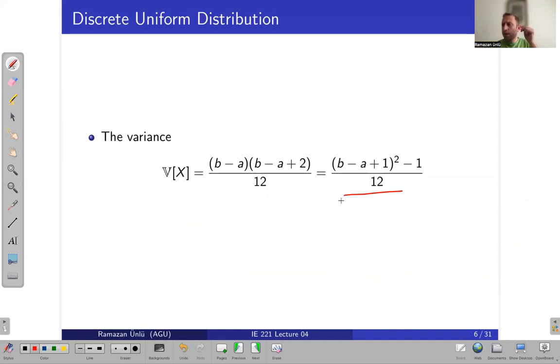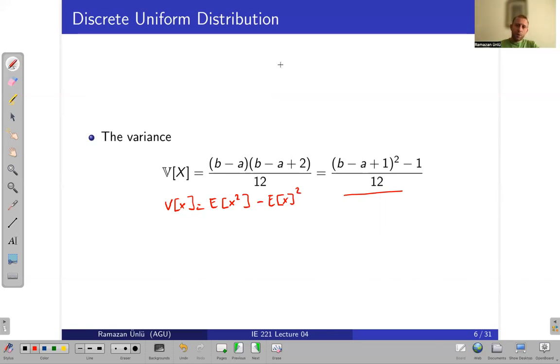Let me check that one. Let me prove that one. So the variance of x is the expected value of x squared minus the expected value of x, squared, right?